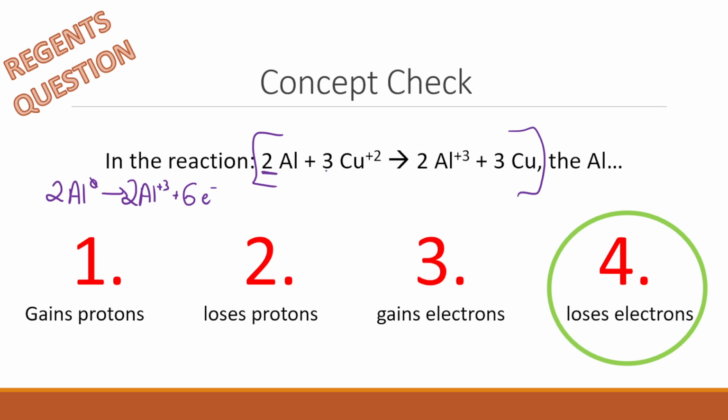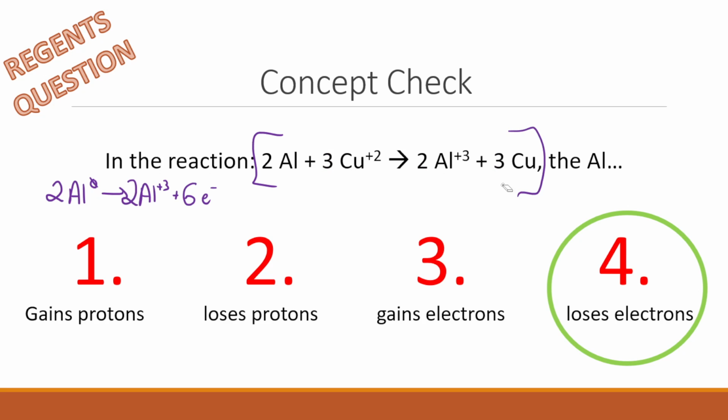Why do I need these coefficients? Couldn't I just go 1, 1, 1, 1 and have a totally perfectly balanced equation? Why would the Regents give you 2, 3, 2, 3?